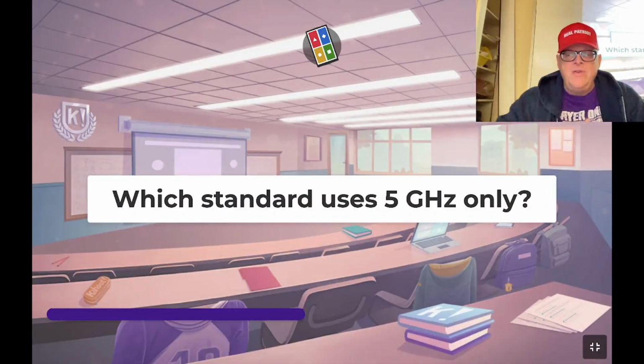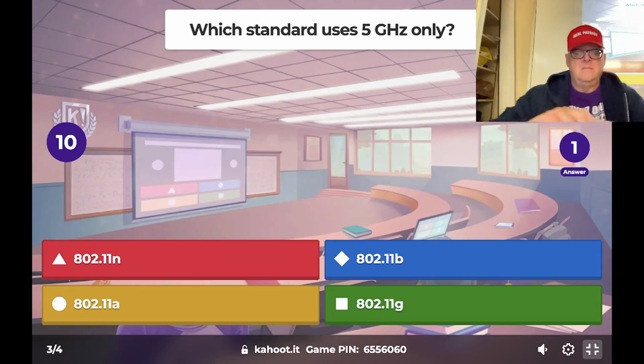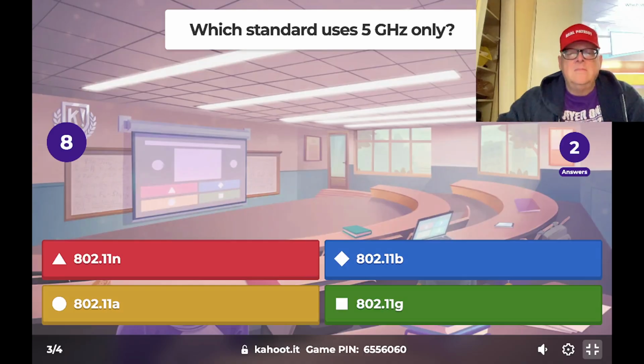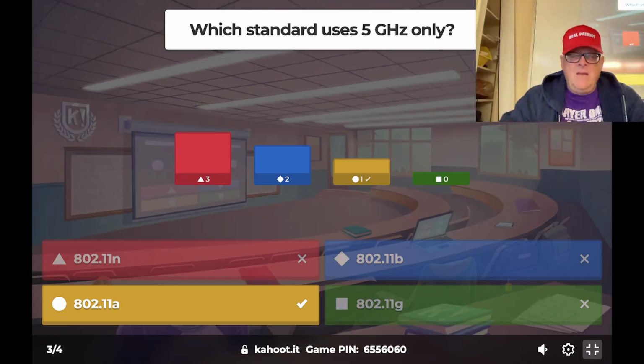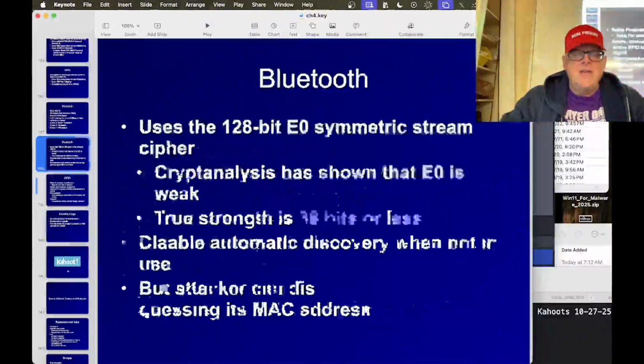All right, which standard uses only 5 gigahertz? It was A. I think G uses both. Let's go back and check that.